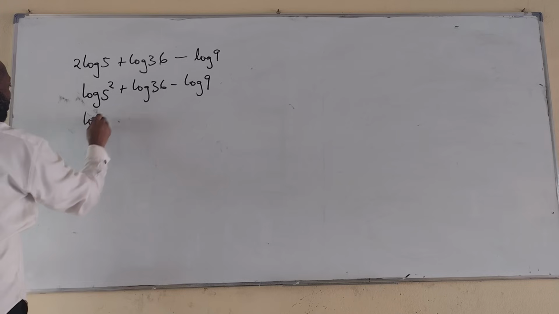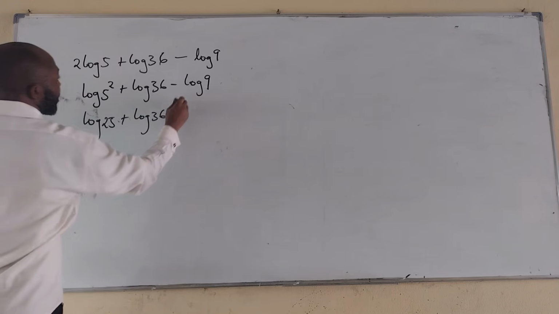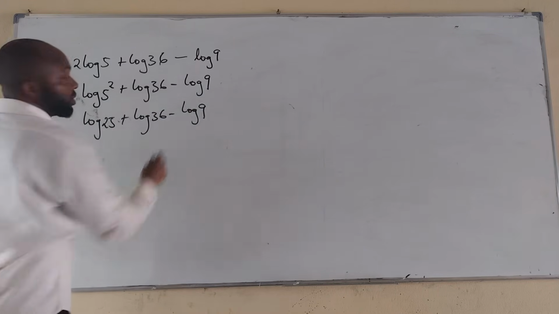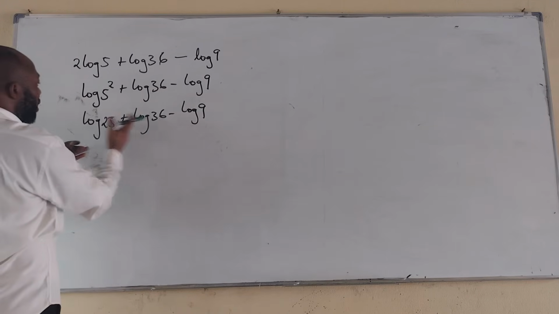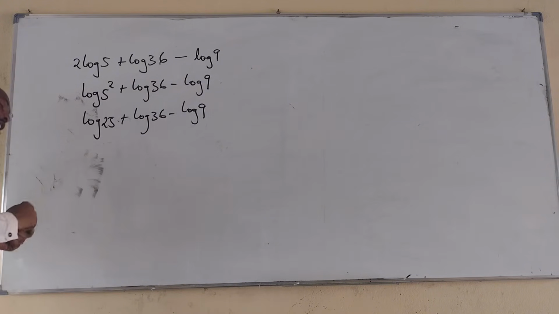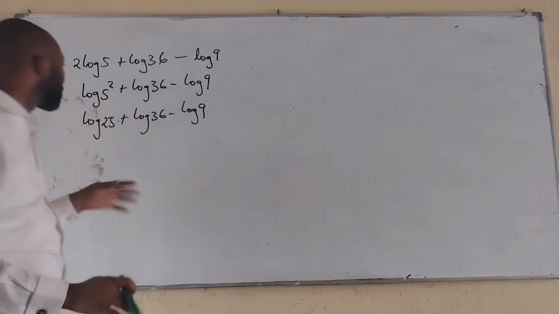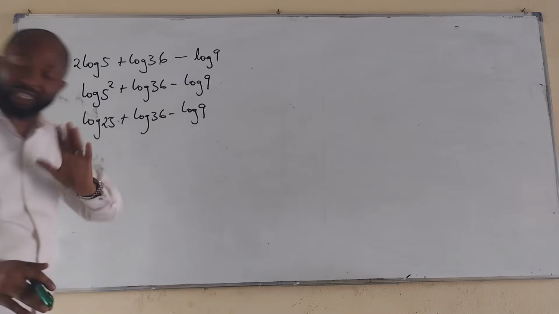So it's log 25 plus log 36 minus log 9. Now this is addition. All of them are in base 10, mind you. Whenever a question is given to you and there is no base shown, like base 2 or base 3, know that it is in base 10.